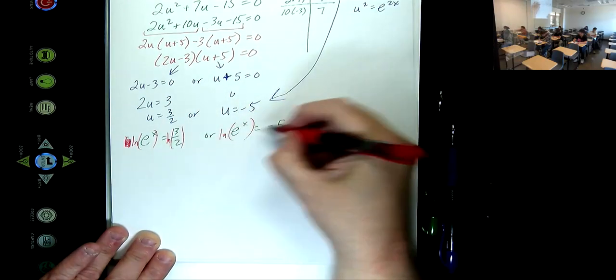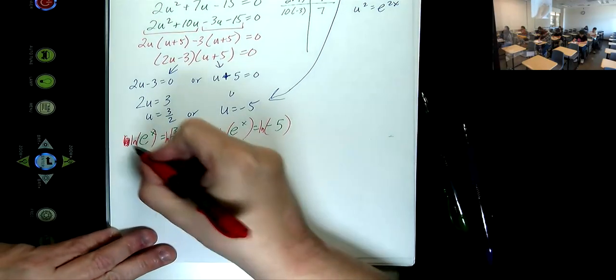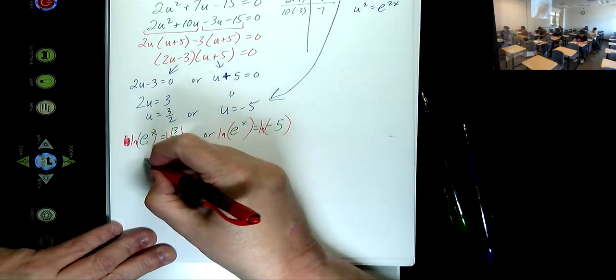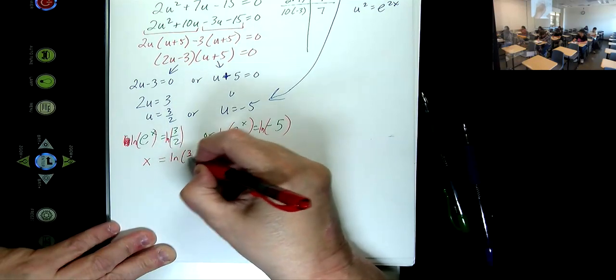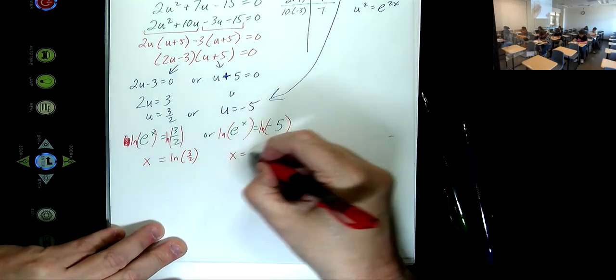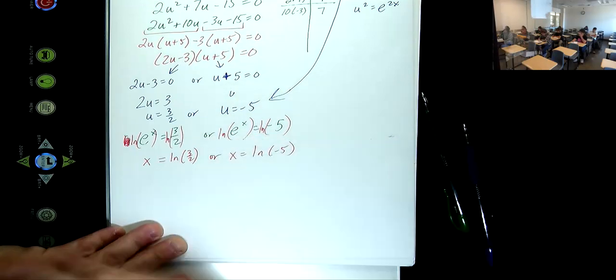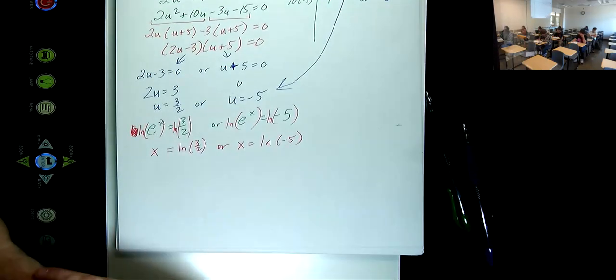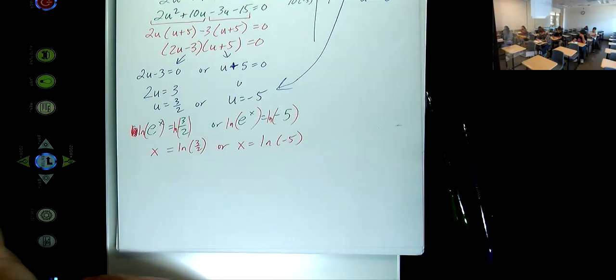Natural log of e to the x is x, equals natural log of 3/2. And over here I got x equals natural log of negative 5. Those look like the answers.